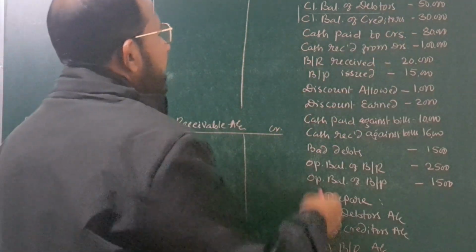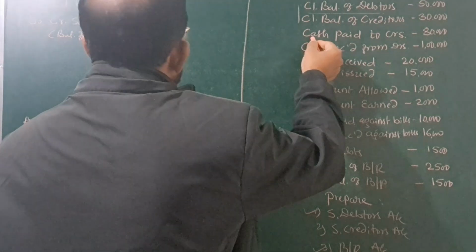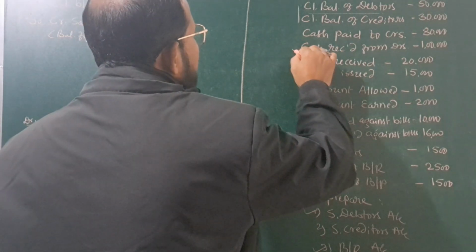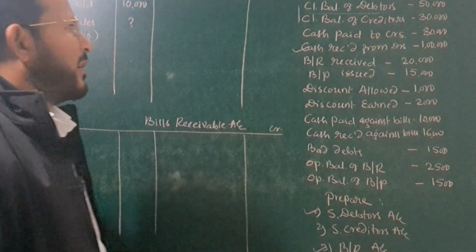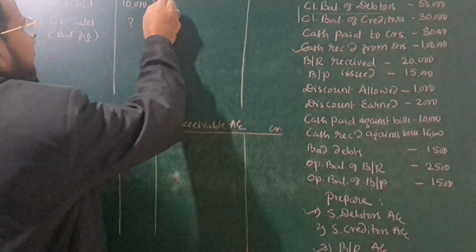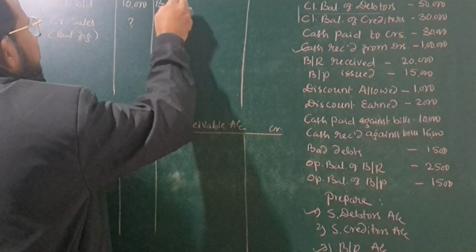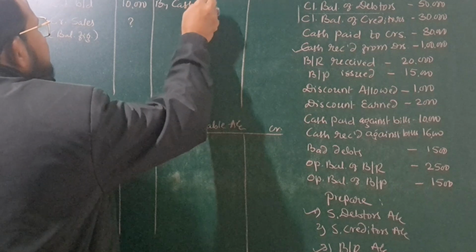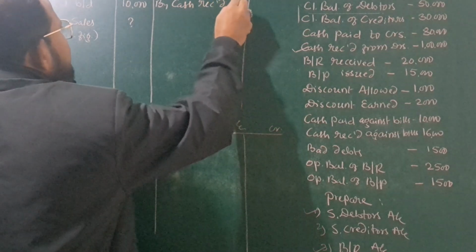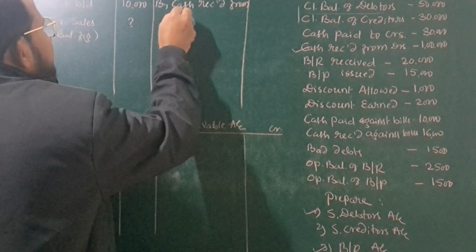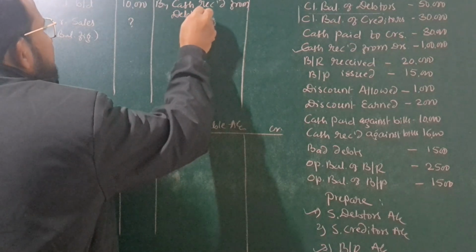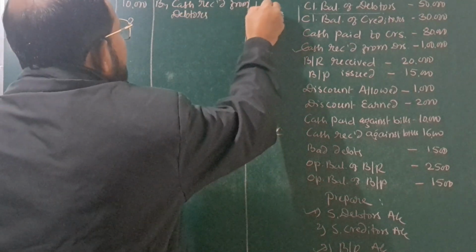Next one is cash received from debtors, given as rupees 1 lakh. That we have to enter on the credit side. By cash received from debtors, how much amount have they paid during the year?